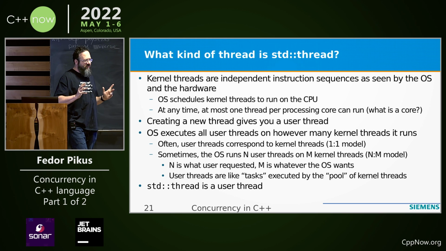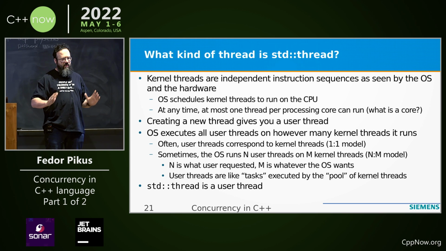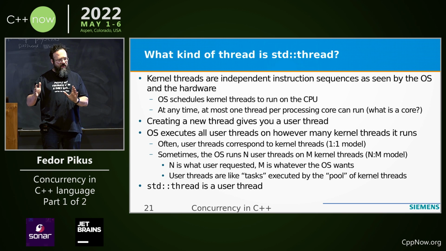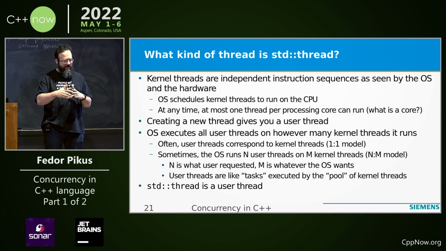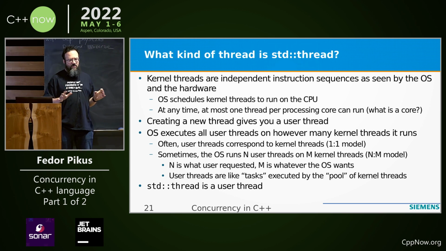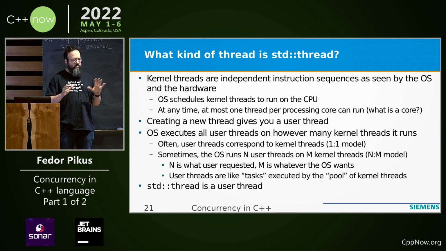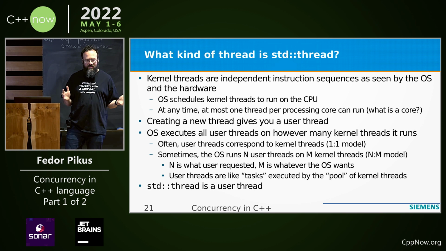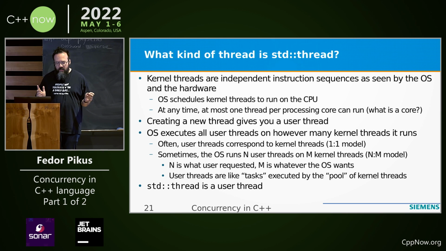From the user's point of view, there are N independent instruction sequences. From the processor's point of view, there are M independent instruction sequences. The OS maps your user streams to kernel streams. You can think of it as user threads being tasks that are running on a thread pool that the kernel threads form. So this is kind of the easy mental model for this.